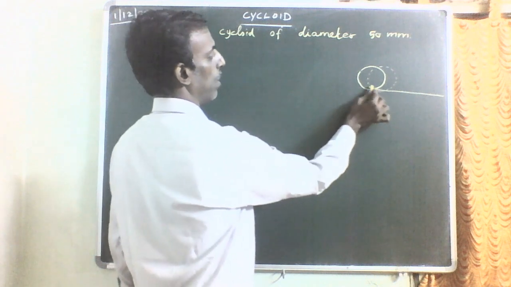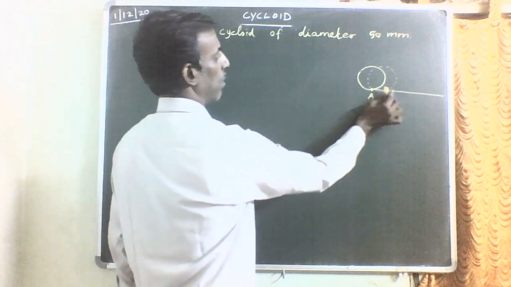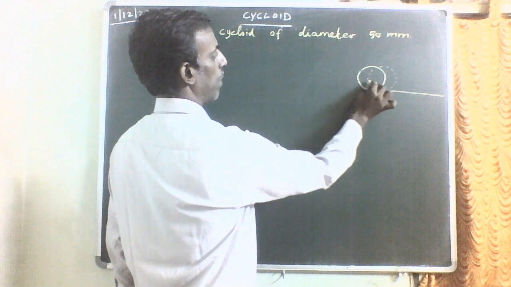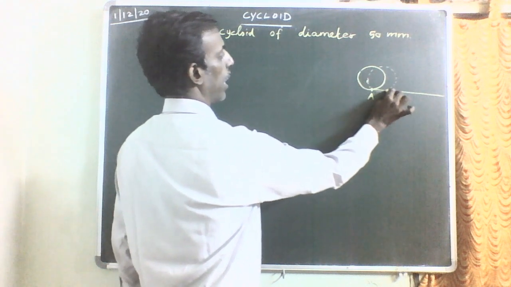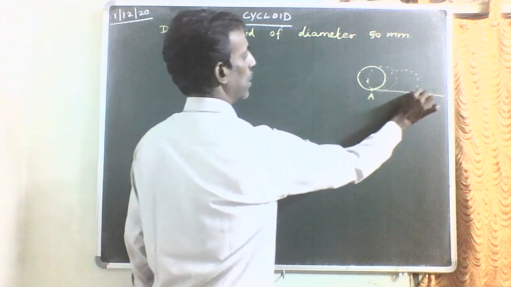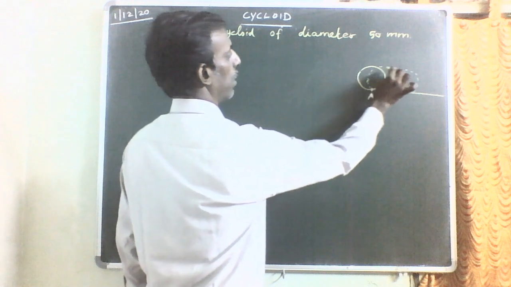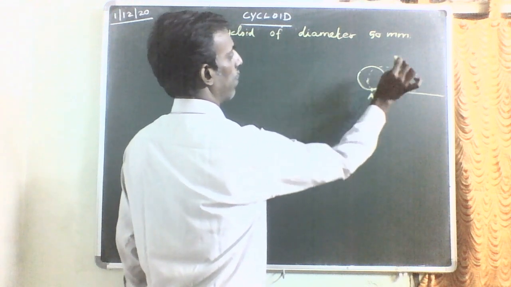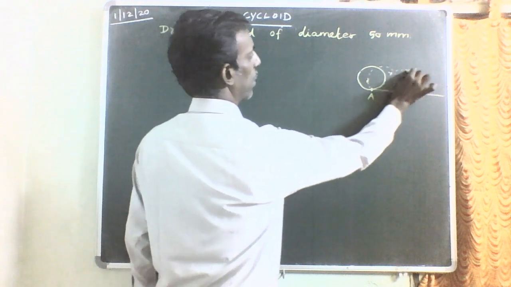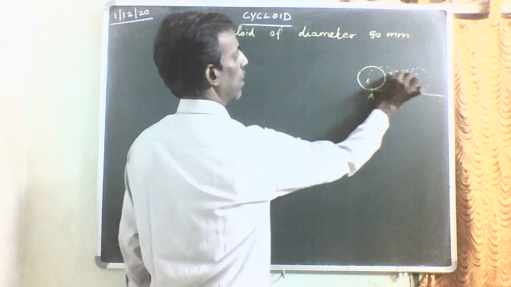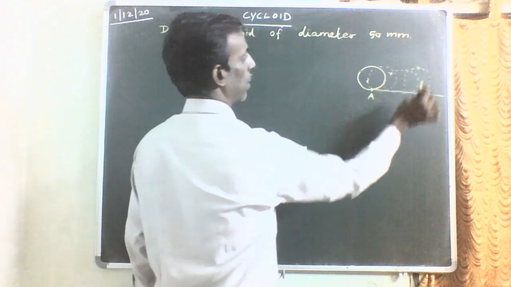For example, when the circle rolls to some extent here, this point will move here. Again, when the circle rolls here, the same point will be available here. Again, when the circle rolls to some extent, the same point may be available here.